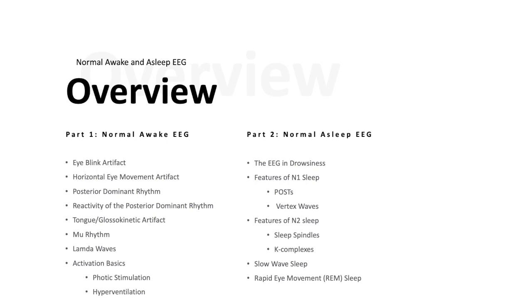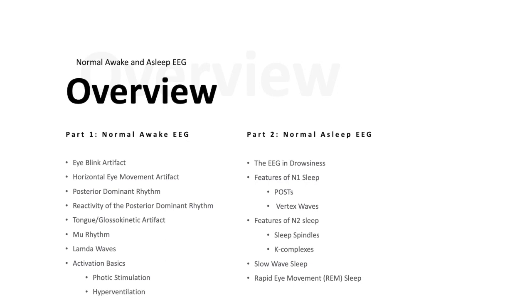As you might have guessed from the title, this lecture will focus on normal EEG, specifically that which occurs during wakefulness and during sleep. Part 1 will focus on the normal awake EEG. We will present the physiologic generators of artifact which are commonly seen during the awake EEG.